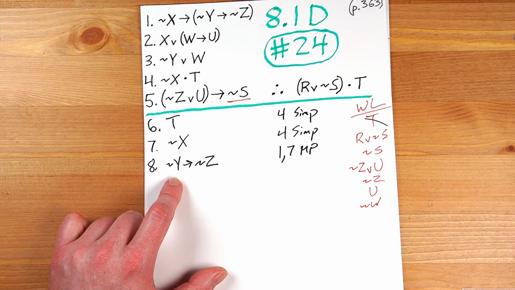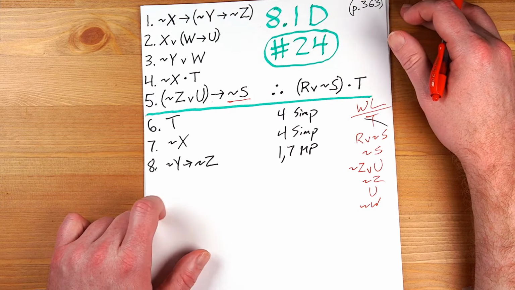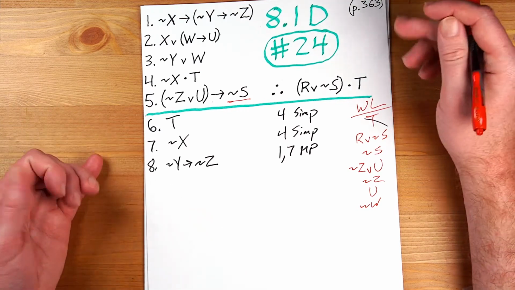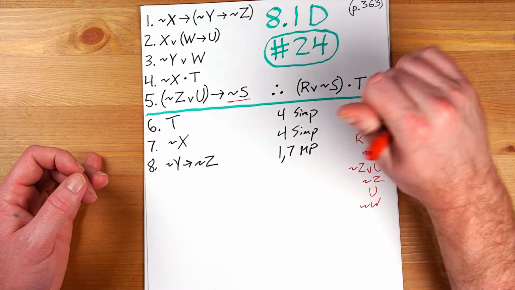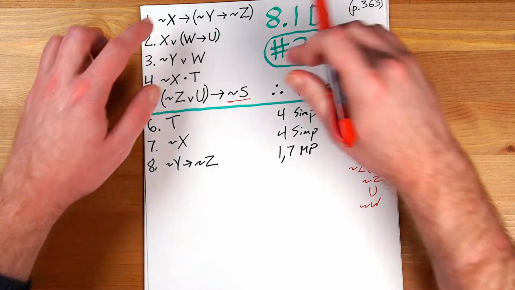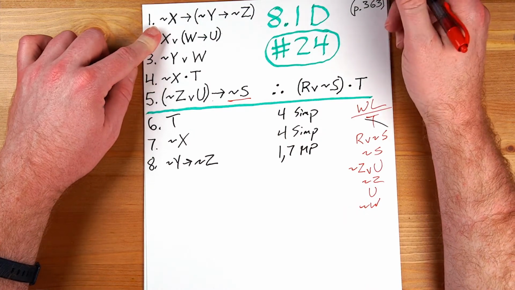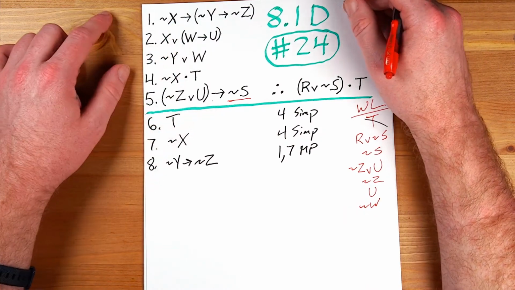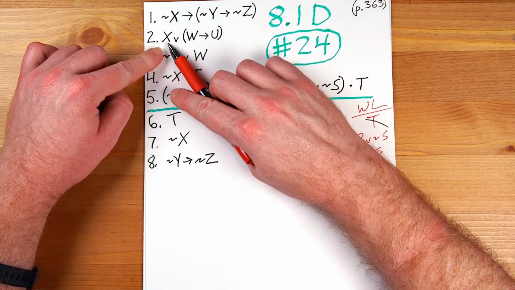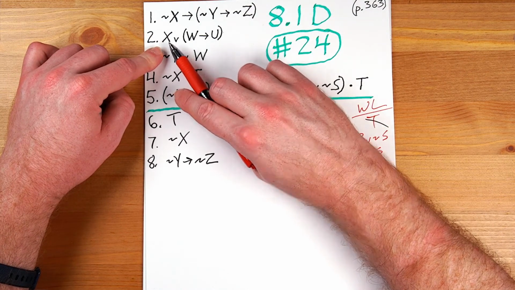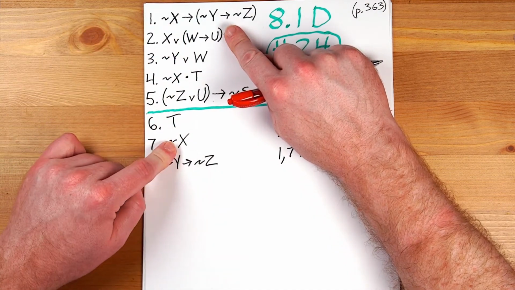And looks like we're going to have to go to 2. What could we do to 2? Well, to get not w, it's trapped on this side. Could we get rid of the other part of 2? Well, we'd need not x to do disjunctive syllogism and just get this by itself. We have not x, so we can do that.